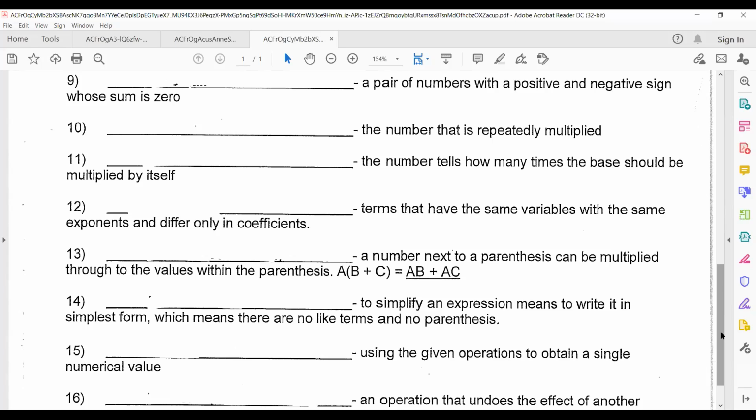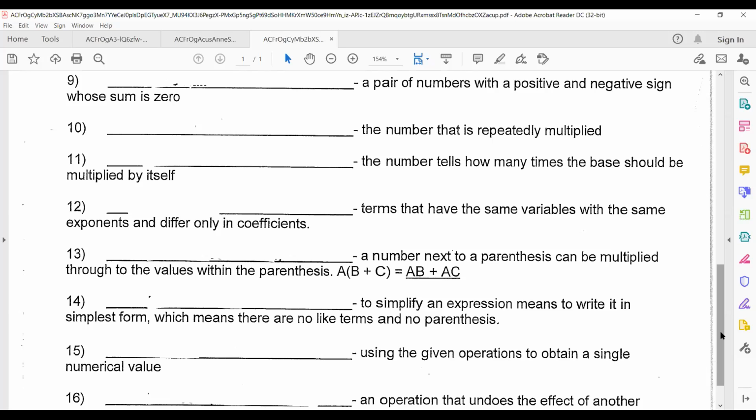Evaluate just means, what do I have? What am I working with? What do I do when I see this? What do I do when I see that? You have to do some evaluation with everything that you look at in algebra. Now, in this case, I said, okay, I can do distributive property and I can simplify this using the given operations to obtain a single numerical value. Well, I couldn't get a single numerical value, but I still simplified it.